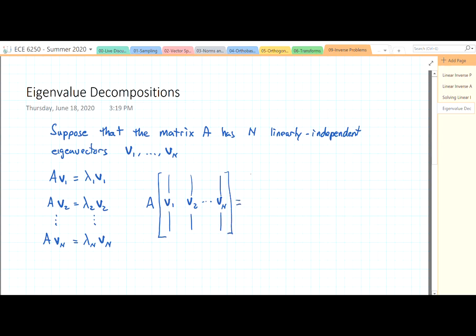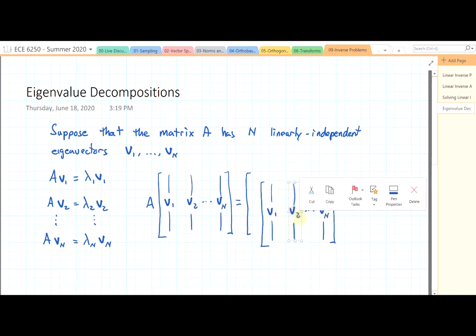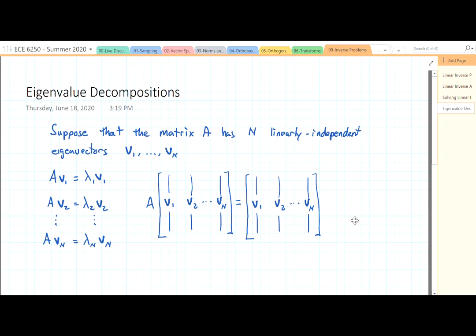And that's just equal to that same set, identically the same set, times this matrix here, lambda 1, lambda 2, up to lambda n, a diagonal matrix.